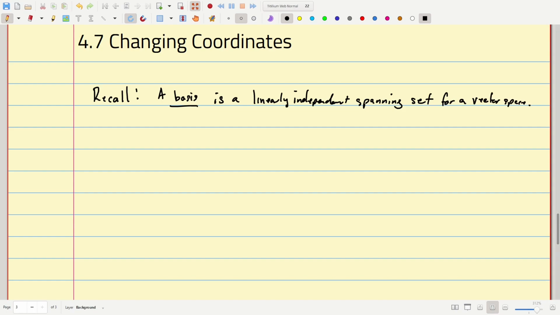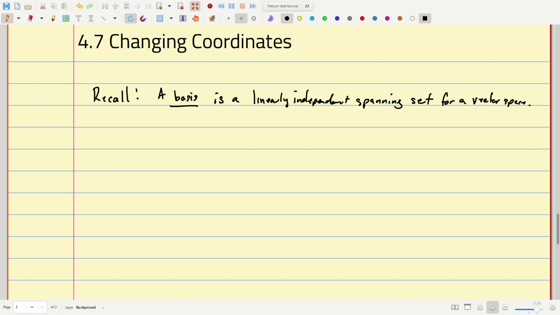Recall that a basis is a linearly independent spanning set for a vector space. When we are working with objects in linear algebra, we want to have bases in order to be able to discuss things and make our lives easier.